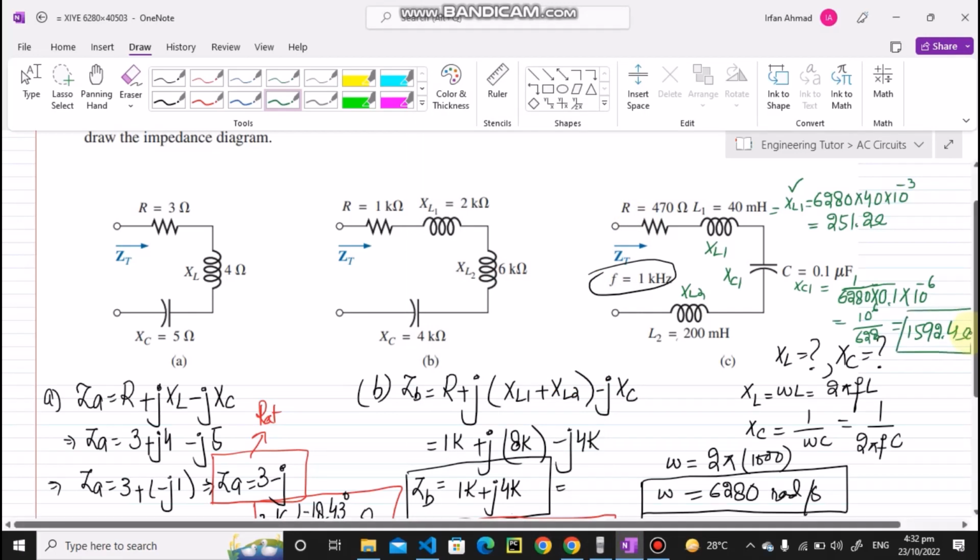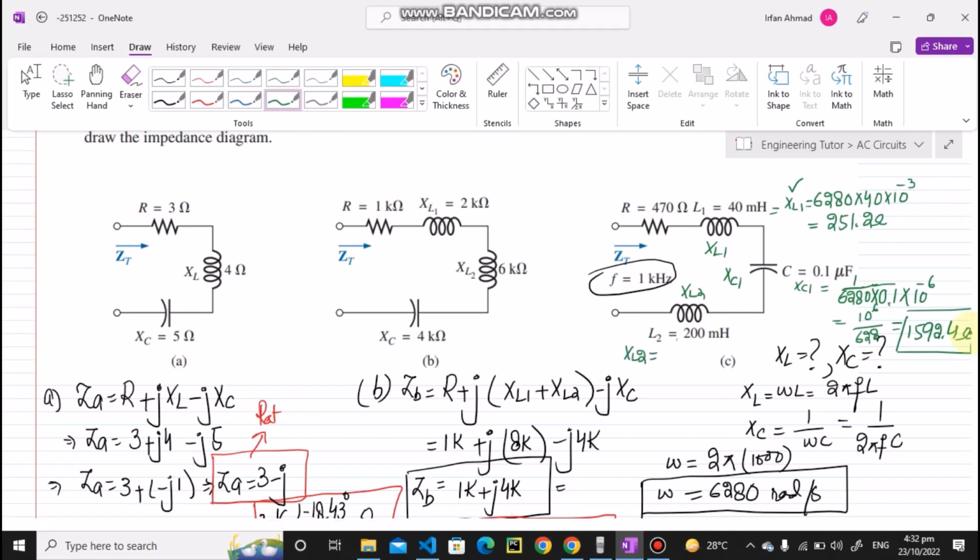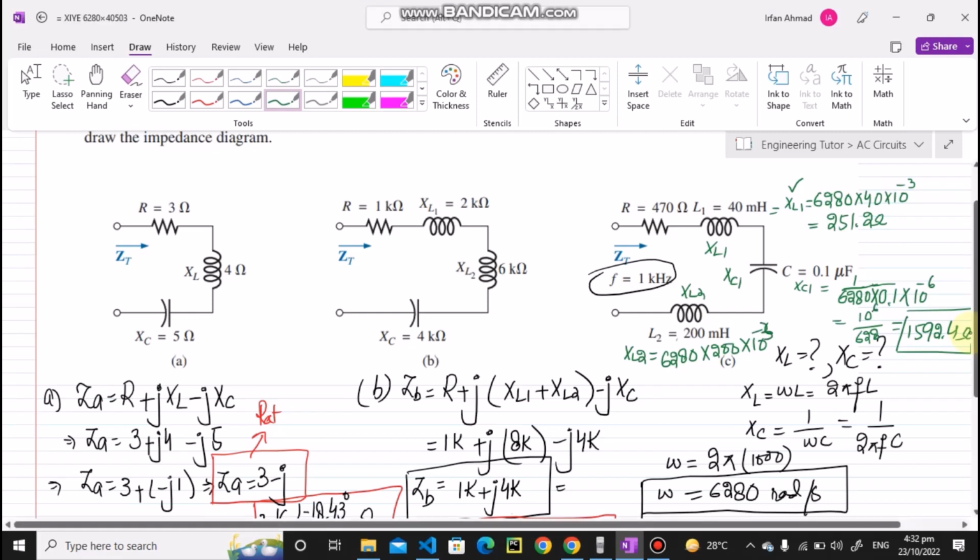Now calculating the value of XL2. The value of XL2 is again omega L2. So omega is 6280 multiplied by 200 into 10 to the power minus 3, sorry, 10 to the power minus 3.